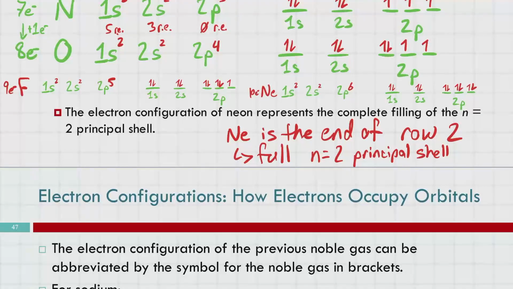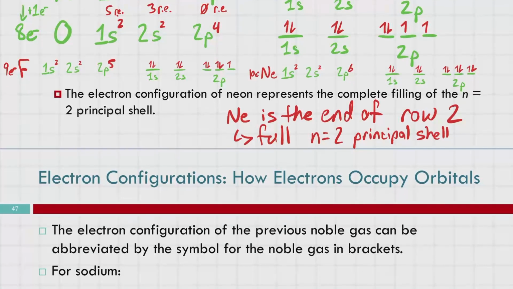So imagine how much fun we would be having if we were filling in 1s2, 2s2, 2p6, 3s2, 3p6, 4s2, 3d10, 4p6, 5s2, 4d10, 5p6, 6s2, and then other stuff after that, until we eventually get to a complete and full shell and orbital diagram for bismuth. We don't want to have to do that because that's way too much writing.